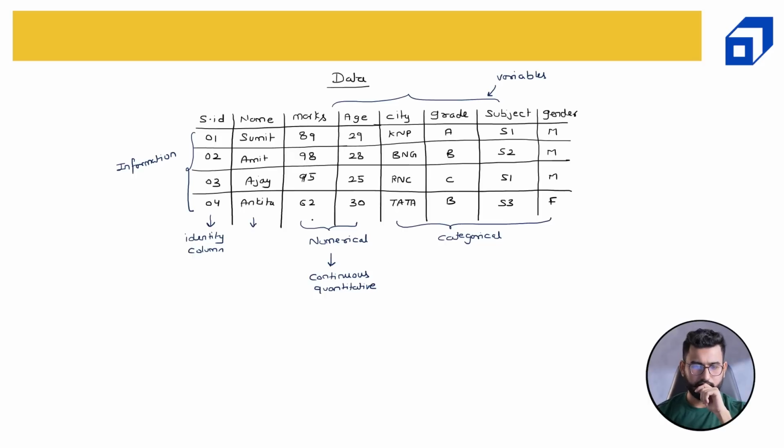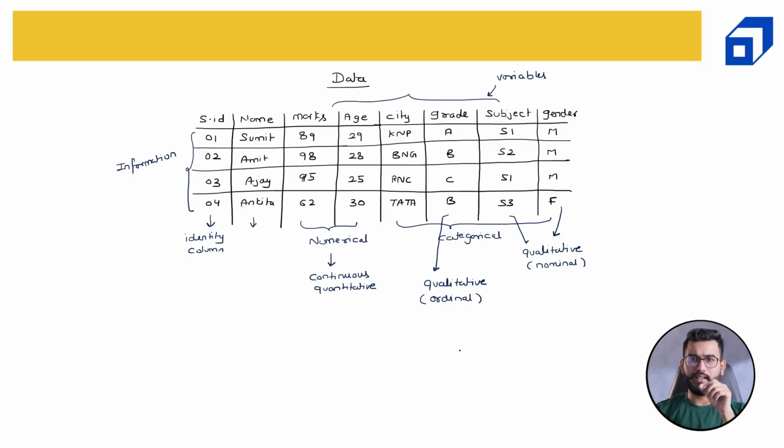Similarly, if I look into grades, they are qualitative, but it is ordinal. Then subjects, they are qualitative, but it is nominal. Similarly, gender, qualitative, nominal, because I cannot say male is better than female or female is better than male.